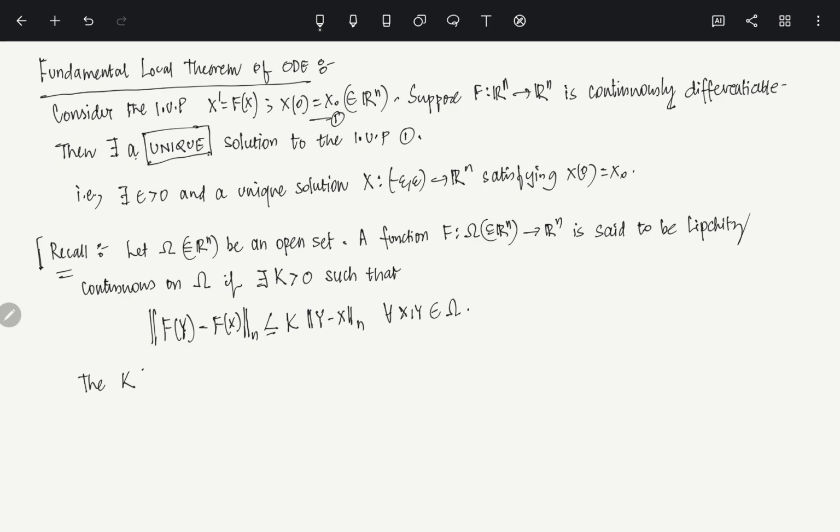Now the constant k, this is very important. This k depends only on omega, and not on any particular point. So k only depends on omega and is called the Lipschitz constant for capital F. This we already did.